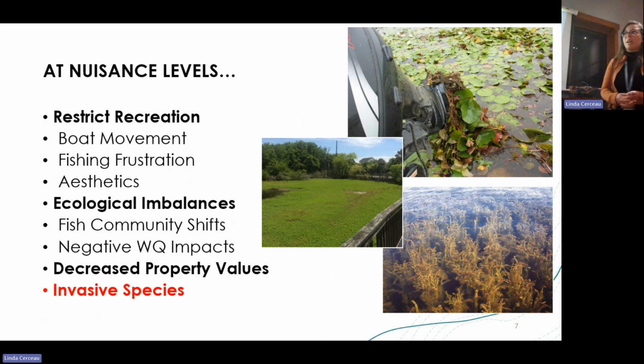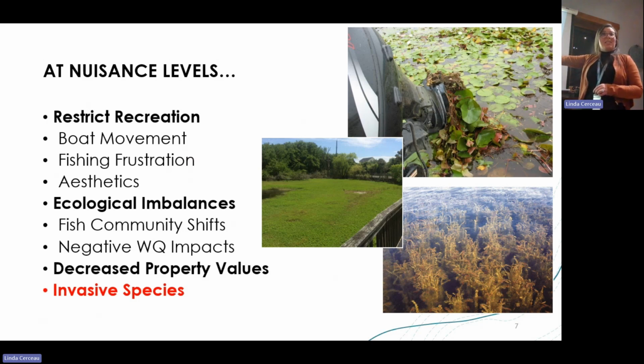Recent studies have come out on a particular cyanobacteria that can grow on aquatic plants and actually cause diseases within predatory birds. That is something currently being looked at and tested within the Northeast. You can see here in this picture, where it almost looks like a lawn, that's all water chestnut.